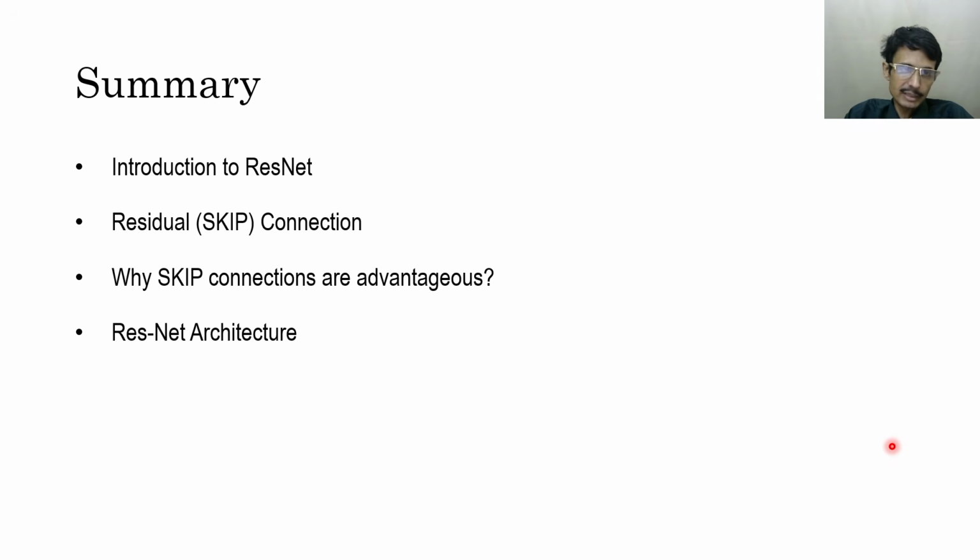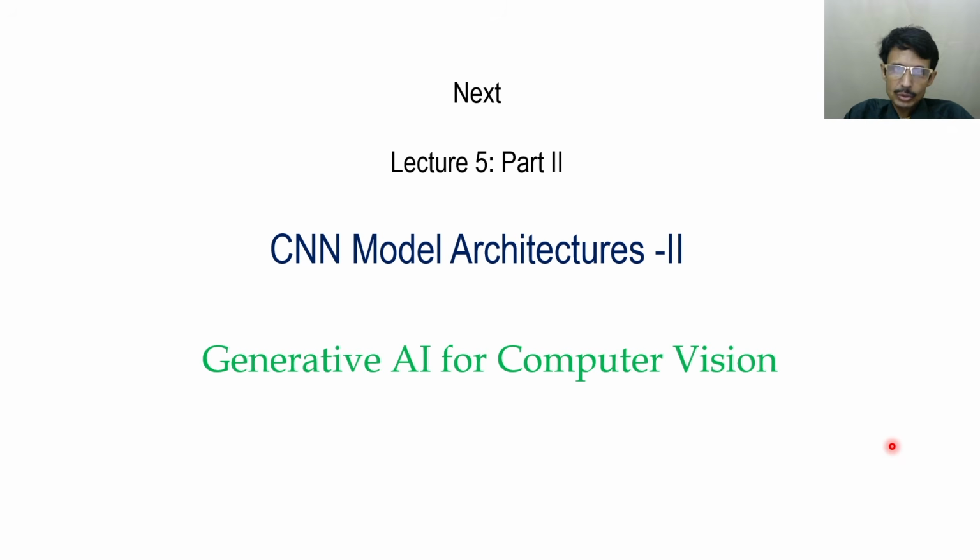After that, we discussed the ResNet architecture in detail. In the next lecture, we will go into some other very popular model architectures based on the convolutional neural network. Thank you very much.